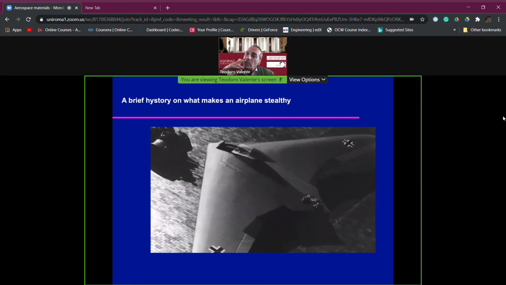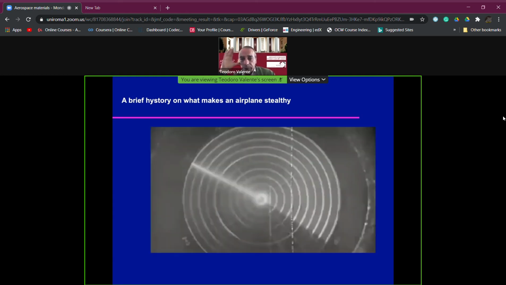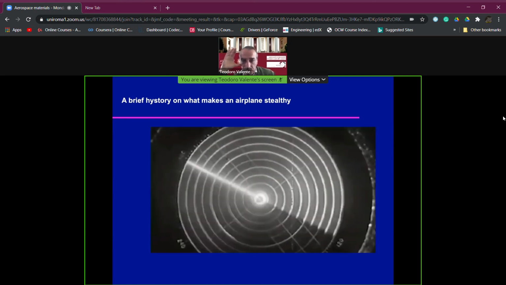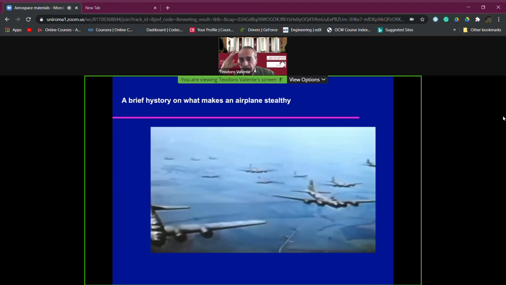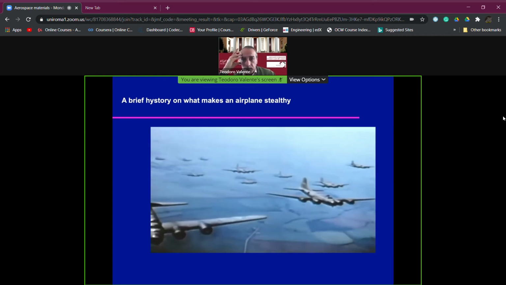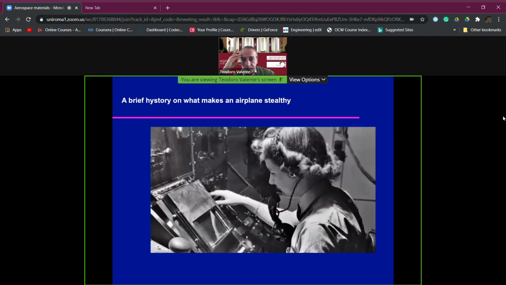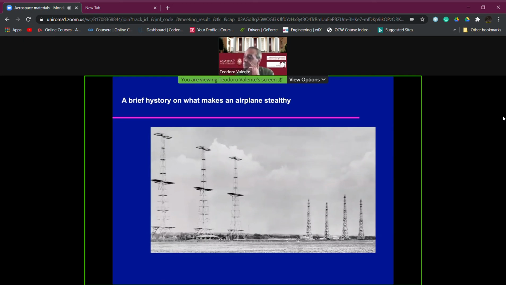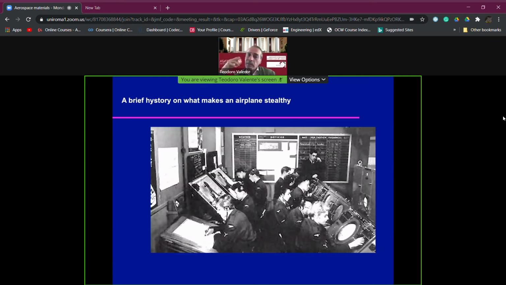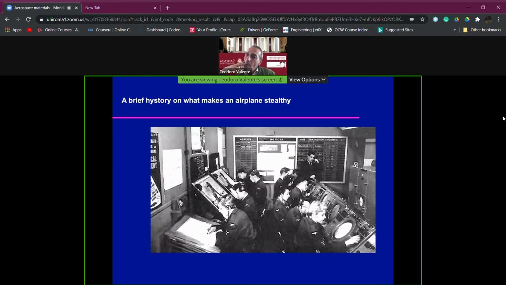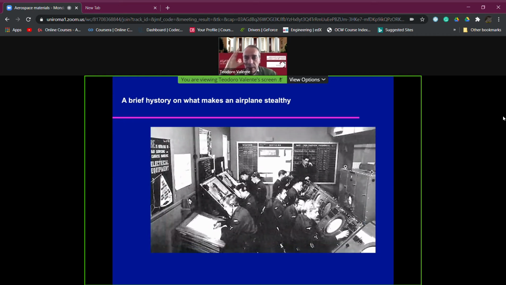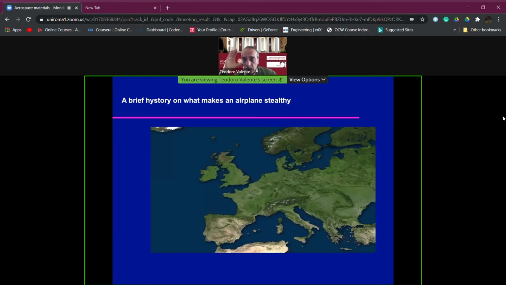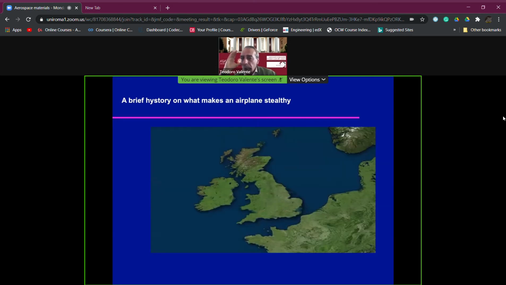As World War II came about, so with it came major advances in radar technology, and thus the demand for stealth technology as well. One notable radar system during this period was the British early warning radar system known as Chain Home. The system was built and developed by the Royal Air Force before and during the Second World War to detect and track aircraft attempting to cross the English Channel.